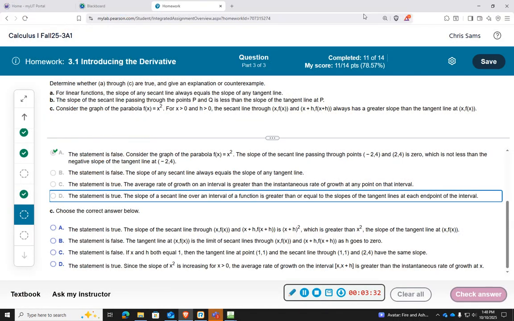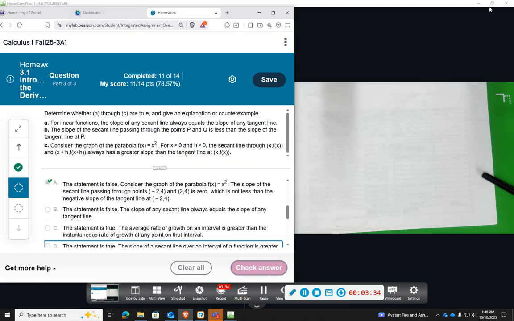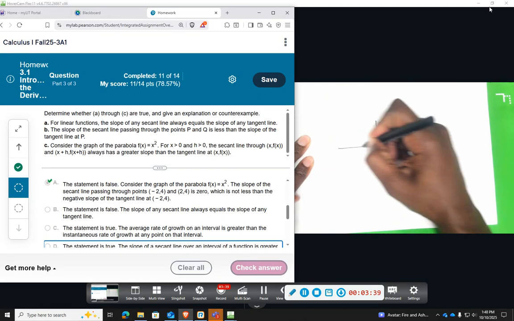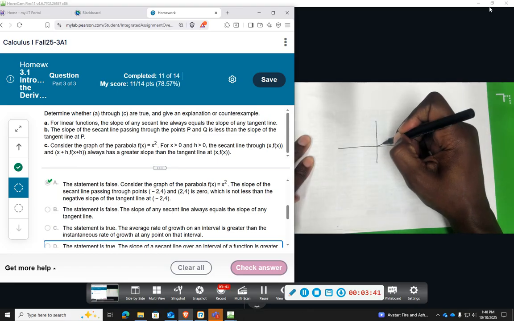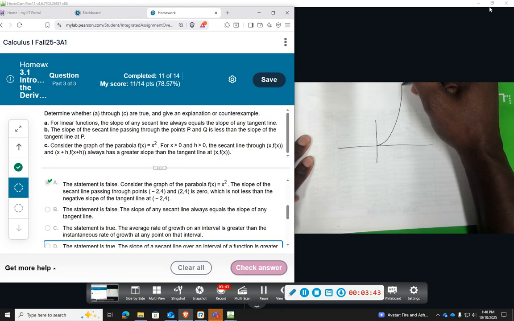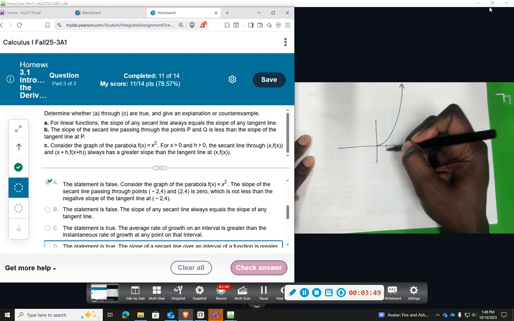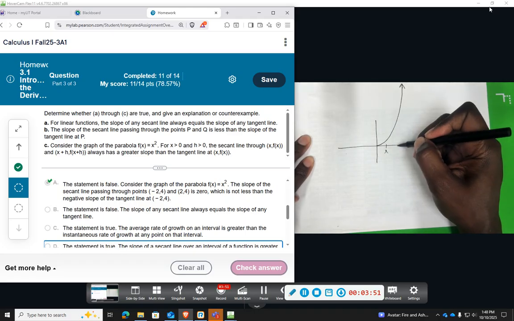I'm sorry. Minimize that. So when you do a parabola, as you go to the right, this thing gets steeper and steeper. Okay, so the slope is getting steeper. And so if we pick some point, we can just call it x, and some other point h.